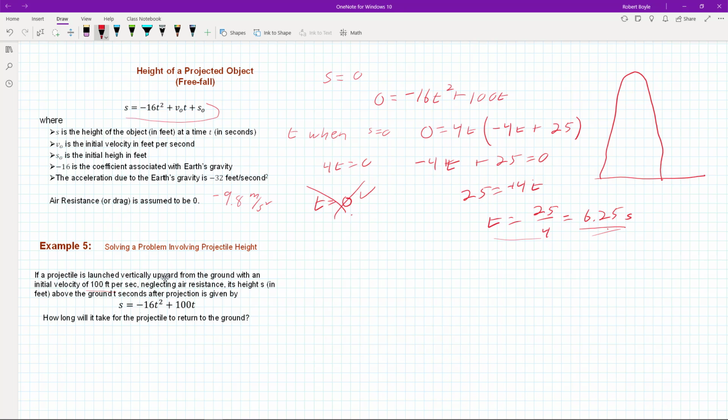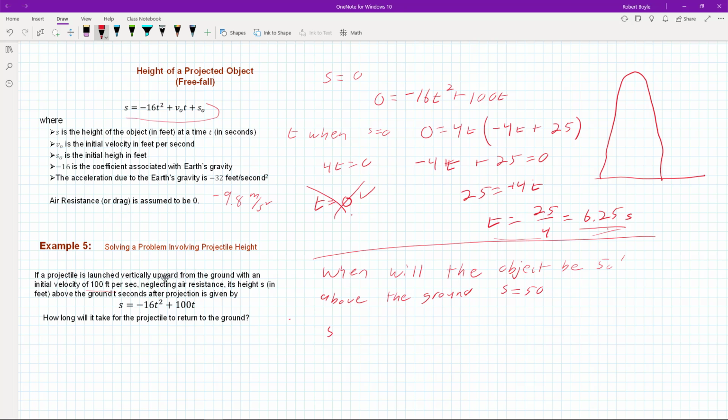Now, the one thing I do not have in here, but is in one of your example sets, is how many seconds until this thing is 50 feet above the ground. So when will the object be 50 feet above the ground? Well, for this case, we are going to have that s is equal to 50.